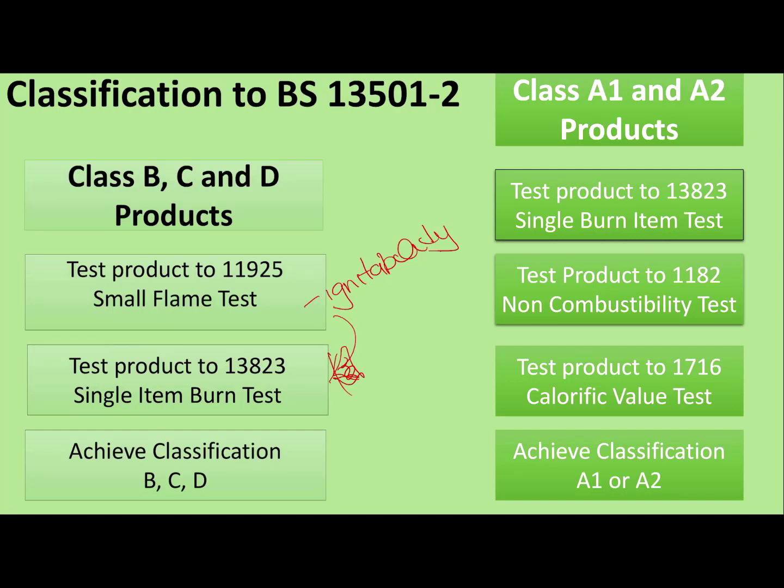Lots of criteria are tested, and lots of data comes out in relation to the total heat released from the product, the rate of heat release, the smoke release, the rate of smoke release, the lateral flame spread, and the droplets. So all the stuff that we're aware of, the B, s3, d2, it all comes effectively from that test.